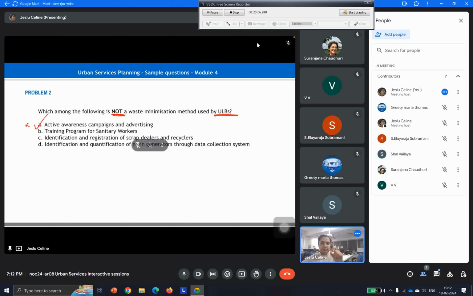So yes, there is an ambiguity in the question, but that itself is the crux of the question. That's why it's a bit tricky, because initially you might feel, just because scrap dealers are there, how does registering them contribute towards reduction in overall waste? The idea is that scrap dealers are part of the system.